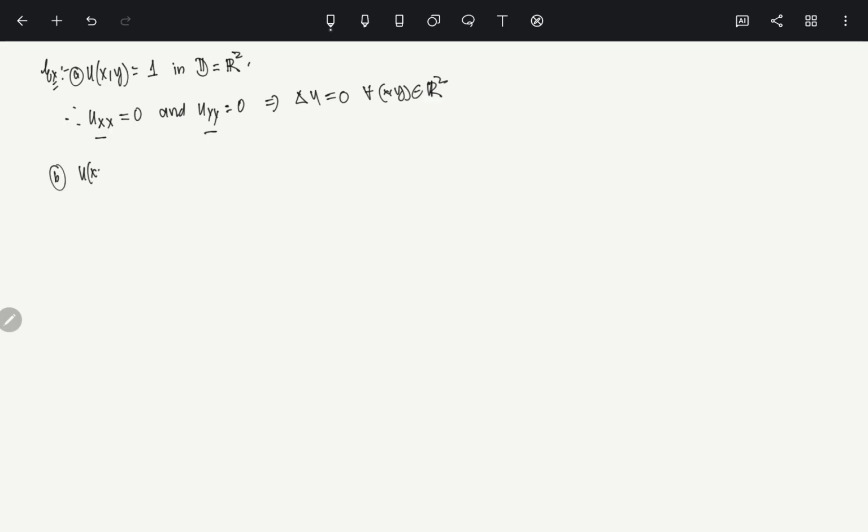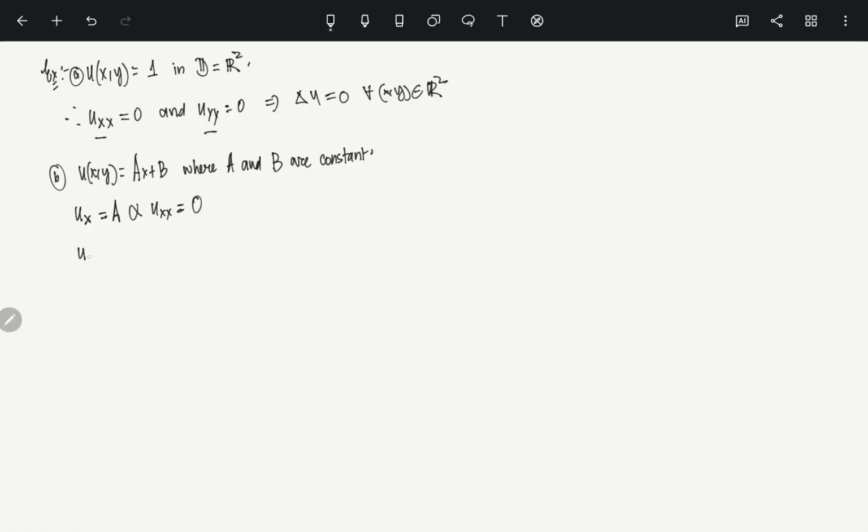Let's say that u(x,y) equals ax plus b, where a and b are constants. If a and b are constants, see what happens to ux. Let's calculate it. It becomes a, and uxx, the derivative of ux with respect to x, is again going to be 0 because a is constant.